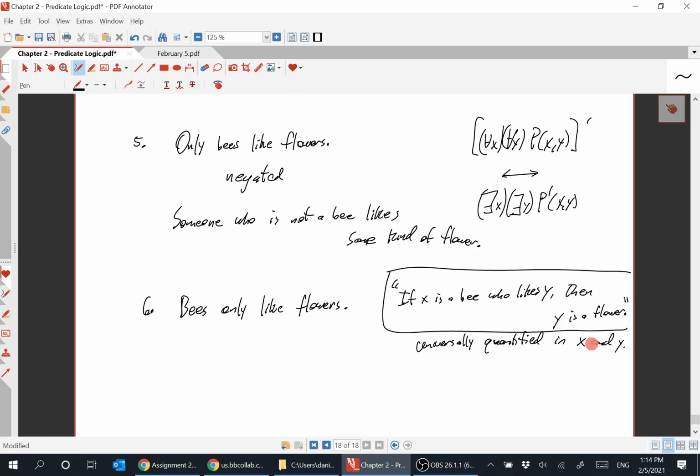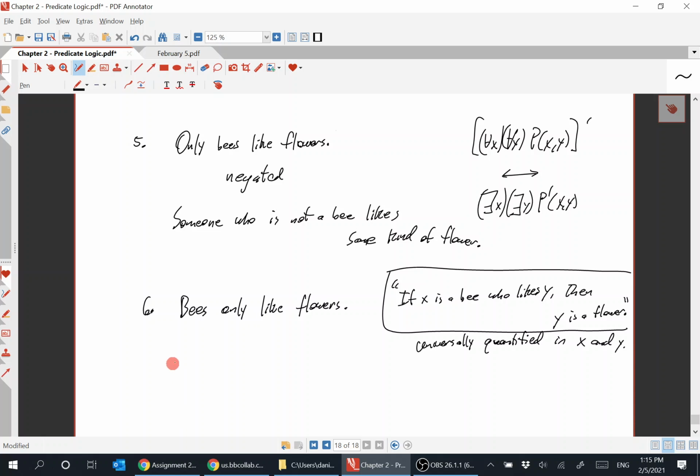So negate it. Again, x and y become existentially quantified: existentially quantifying x, existentially quantifying y, and then the implication, when you negate it, becomes what? It becomes a conjunction.